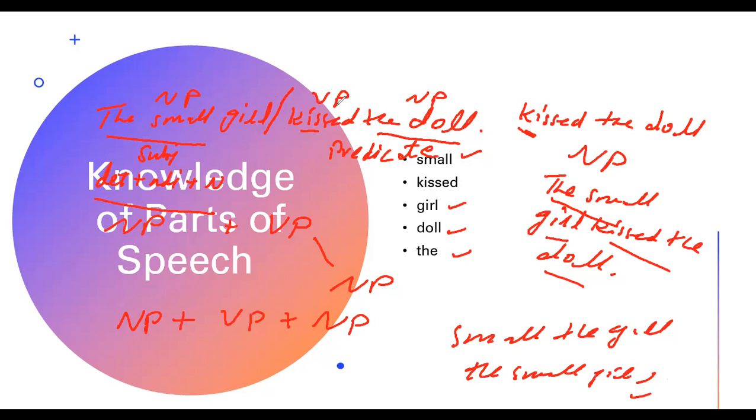A verb phrase can be comprised of just one verb, or it can have other phrases in it. For example, here we have a noun phrase. Broadly speaking, we can divide the sentence into two: the subject and the predicate, and of course the predicate is comprised of the verb phrase. And that verb phrase does have a noun phrase also.